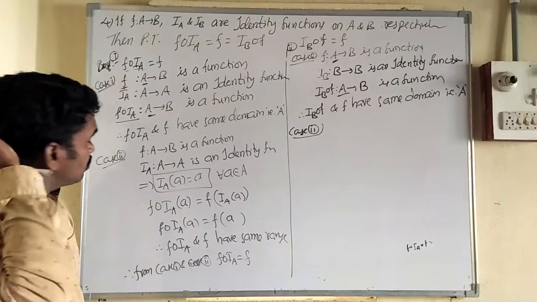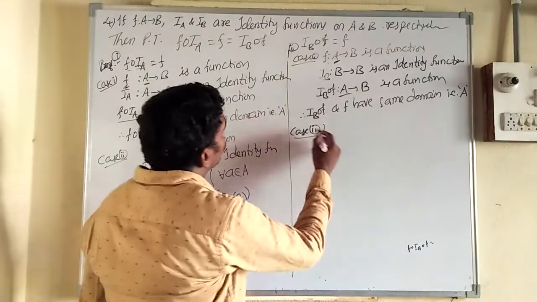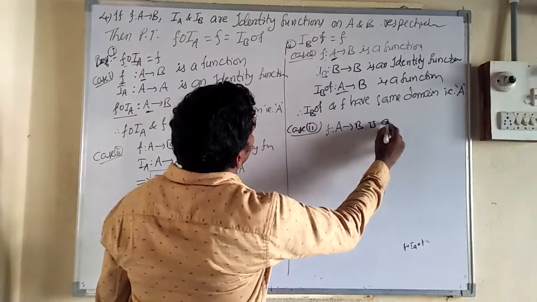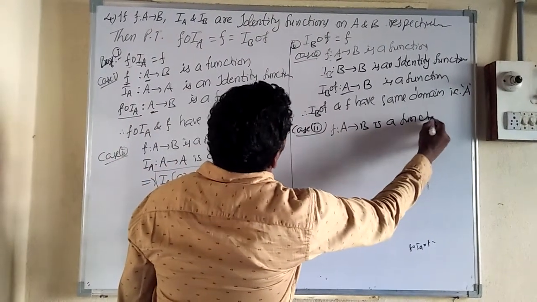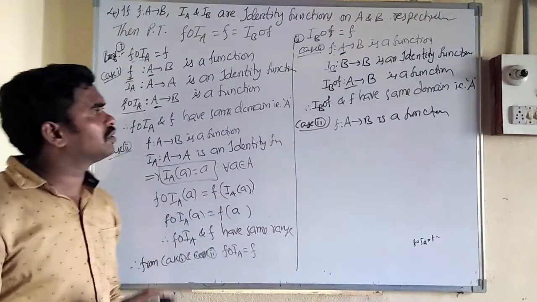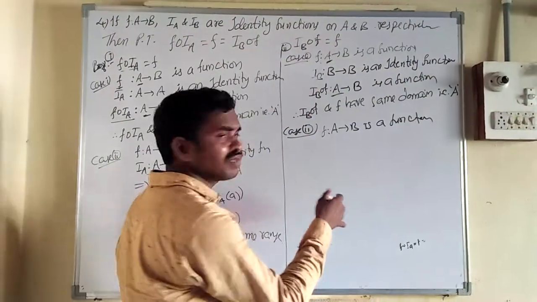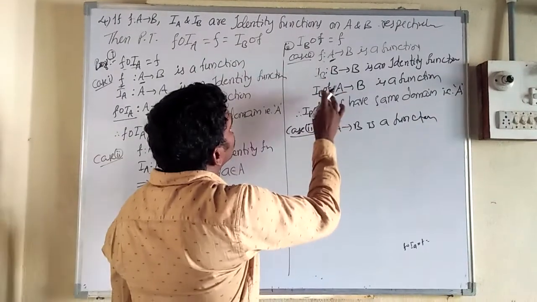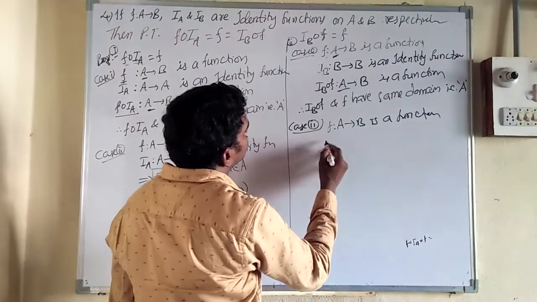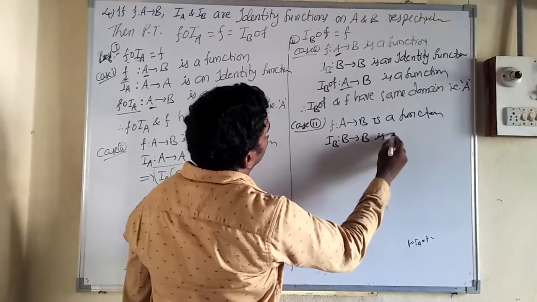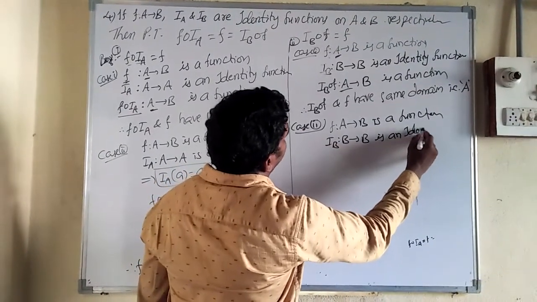Simplify. What is case 2? Going to prove F maps from A to B is a function. So don't write here F of A equals B, because it is just a function. What is the second one? IB maps from B to B is an identity function.